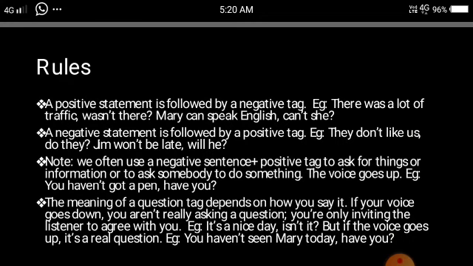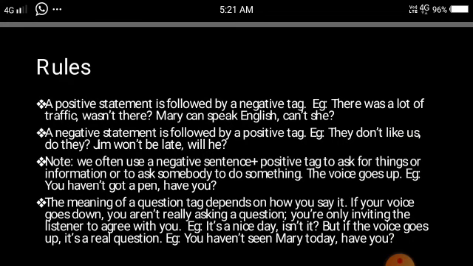It is very cold is a positive statement, and when you want somebody to agree with what you are saying, then you use the negative tag isn't it.